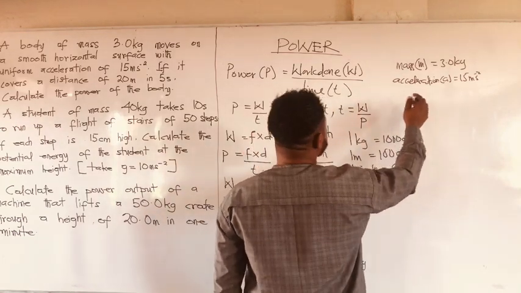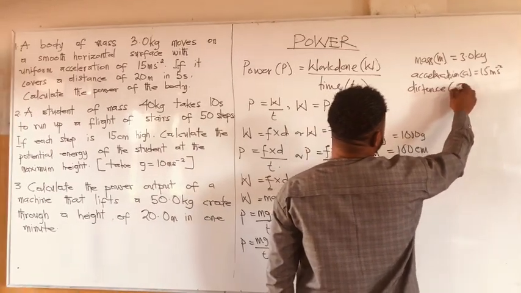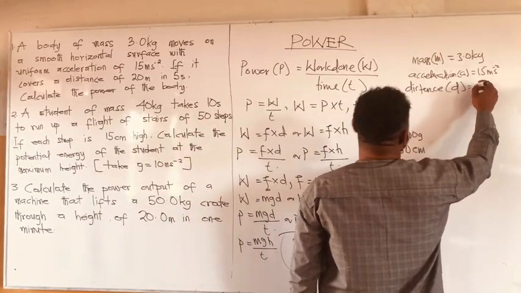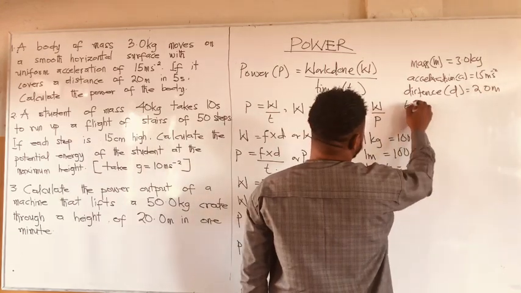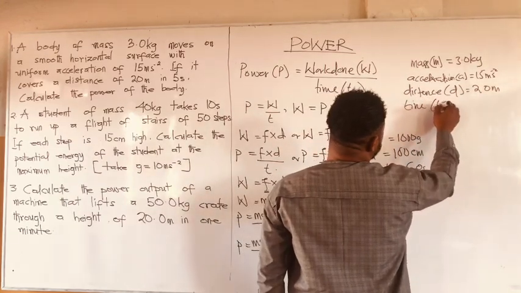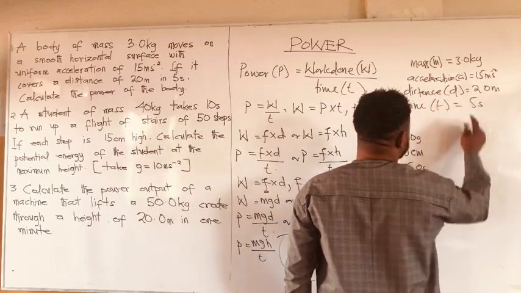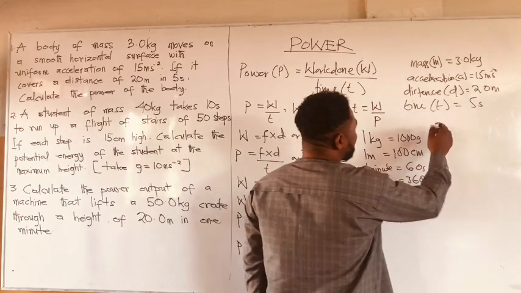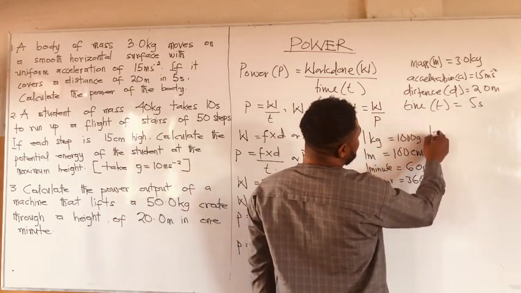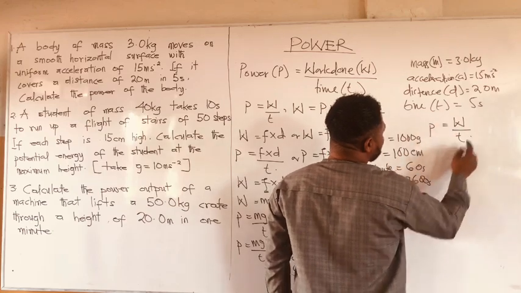Again, in the question, distance is given to us. So our distance D is 20 meters. And time is given to us, that is 5 seconds. And we have been asked to calculate power. Now, from the formulas we studied, we know that power is equal to work done over time.